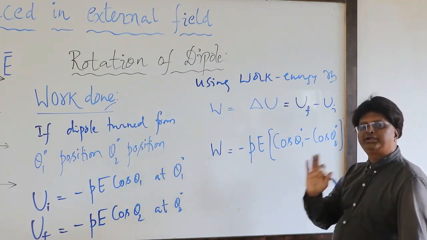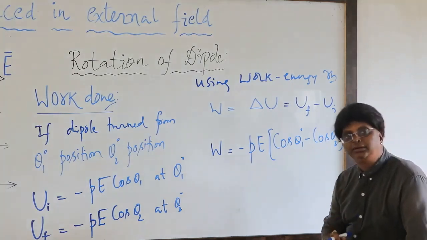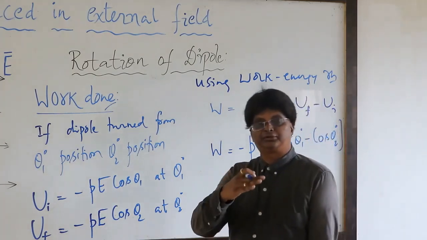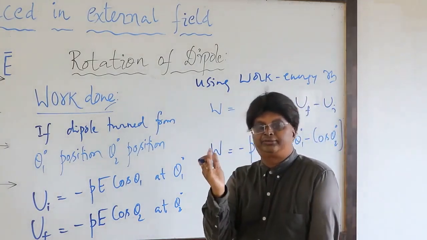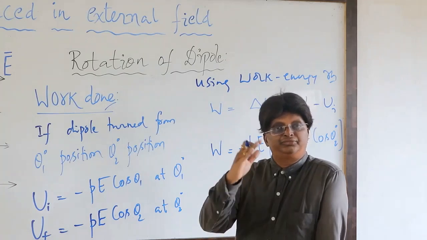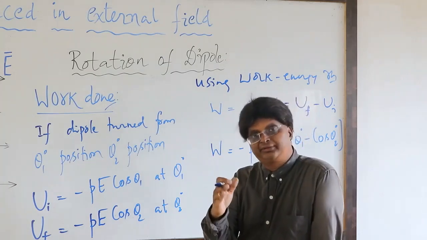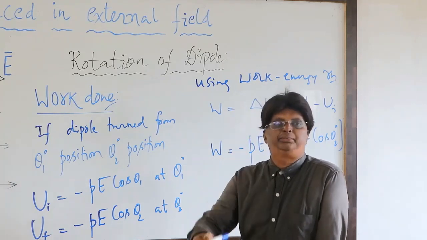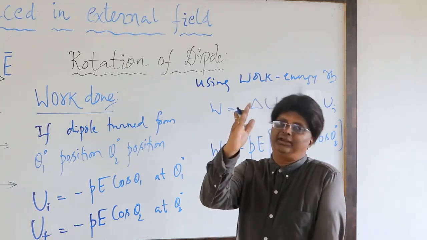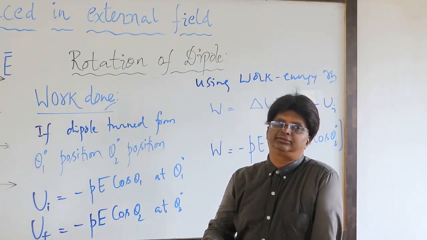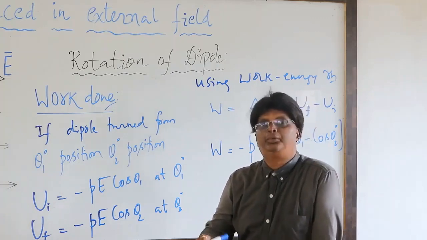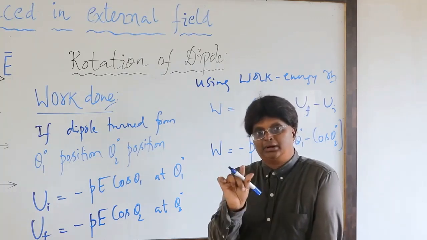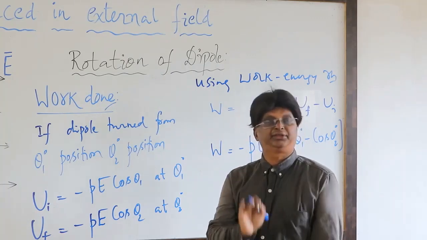Supposing finally you get W as negative, what does it mean? It is against torque. Suppose I have rotated from 0 degrees to 30 degrees, it is negative. From 30 degrees to 60 degrees, it is negative. And if the dipole is simply placed at an angle of 60 degrees and it comes to 0 degrees, then the work done is positive. So along with the number, the sign has great significance.